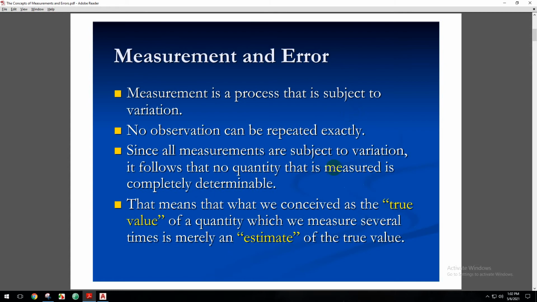That means what we conceive as the true value of a quantity which we measure several times is merely an estimate of the true value. That's why we have the mean, right? If we measure a line 5 times, we take the average and consider it as its true value. Or it can be considered the true value after many series of corrections. We will get to that later.